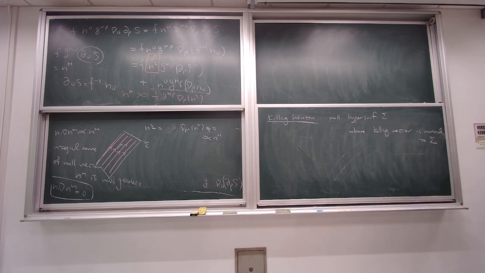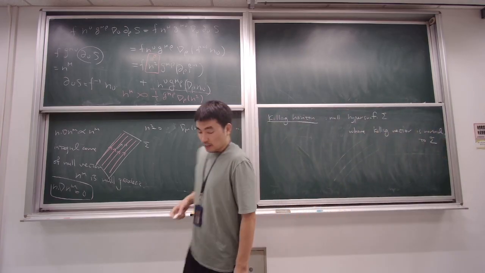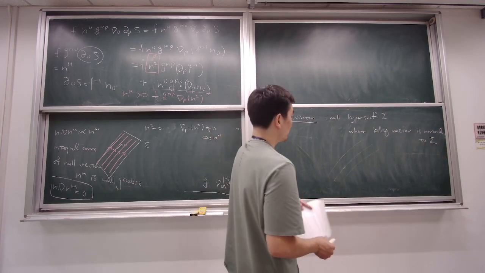That's the definition. A Killing horizon is a null hypersurface.